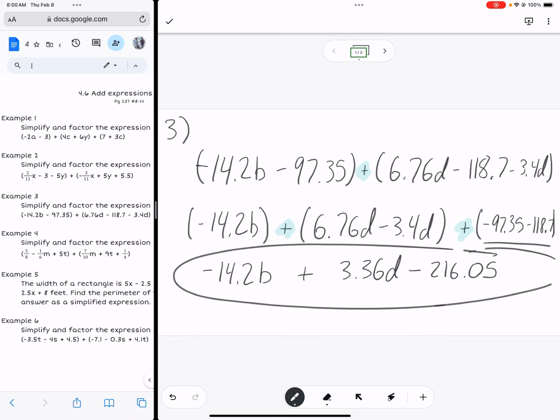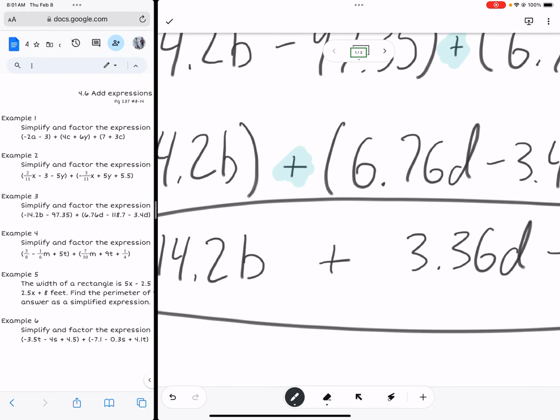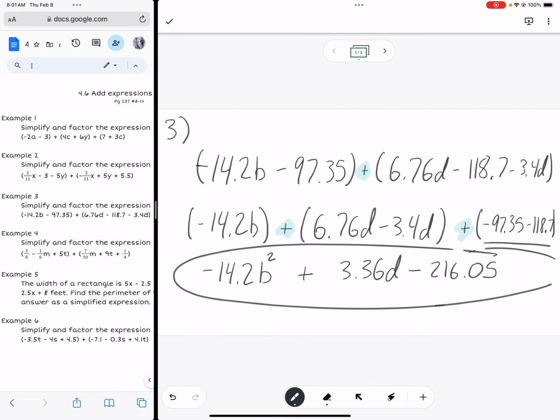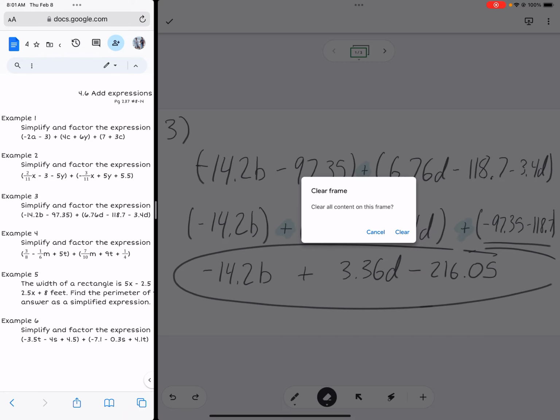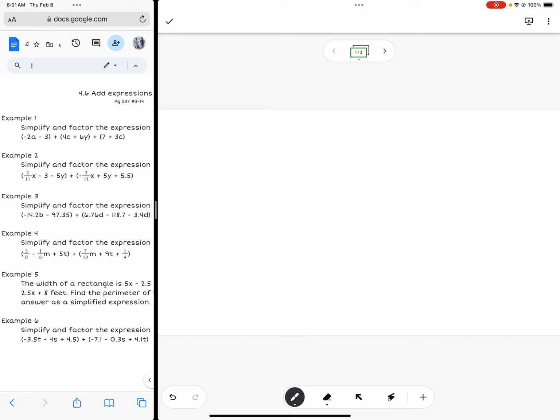Is putting the variables in alphabetical order mandatory? I'm going to start making it mandatory because it's going to help you when you get to higher level math. Technically, it's considered an equivalent expression, but especially with exponents, like if this was b squared, you'll want to put it in order, not only alphabetical but also from largest to smallest exponent.